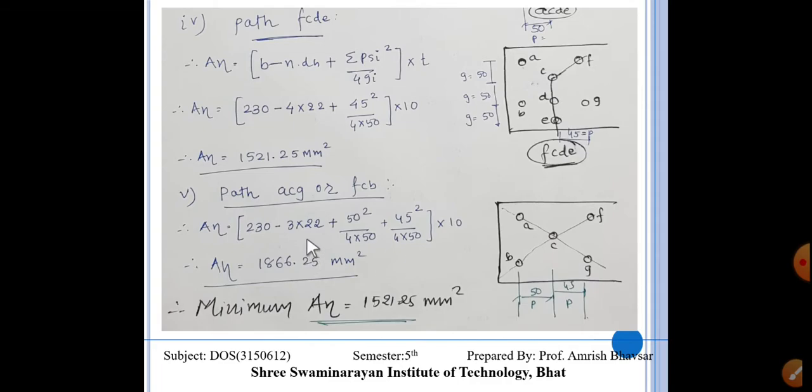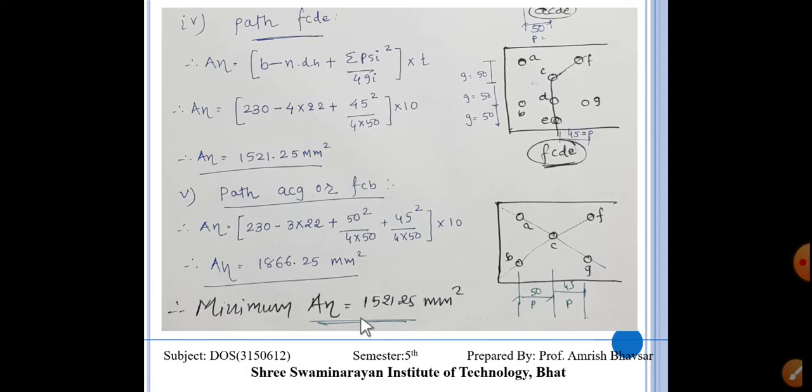So 3 into 22 plus for the first pitch it is 50² upon 4 times 50, which is the gauge distance, plus another, that is 45² upon 4 times 50. So here we can get 1866.25 mm². Now, we are taking the smaller of all these, that is 1521.25 mm². This is our net area of the section.